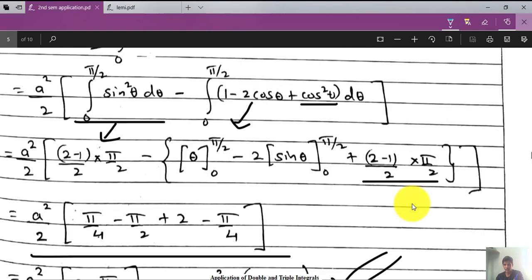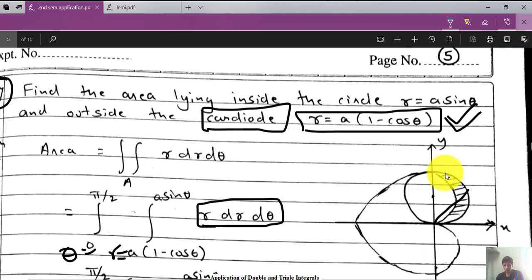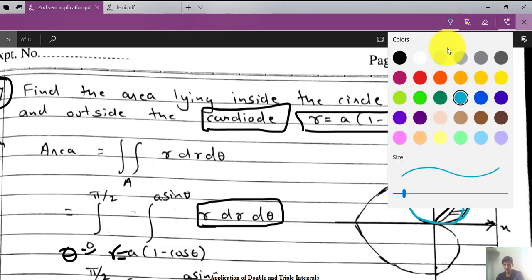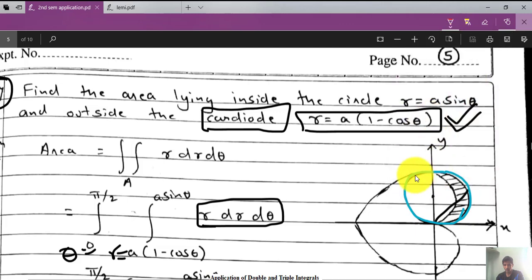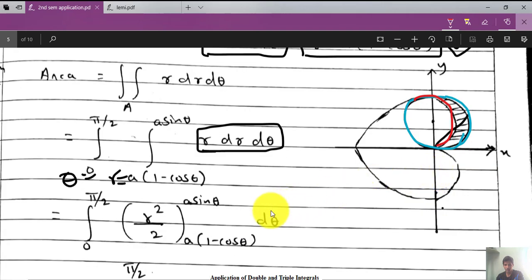Similarly, you have this problem over here. See here, what was my circle here? So this is my circle, and this is the cardioid over here, right? This is the curve.